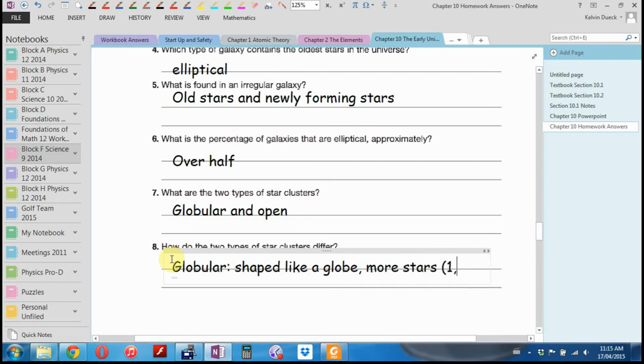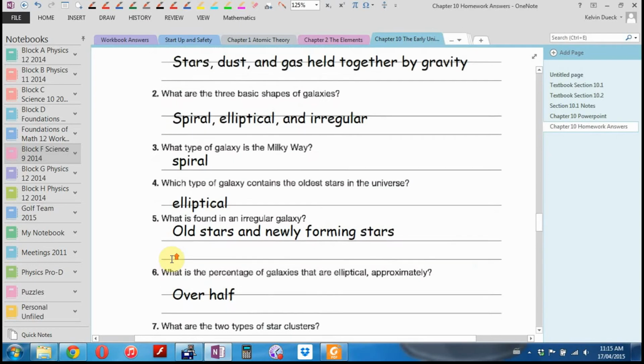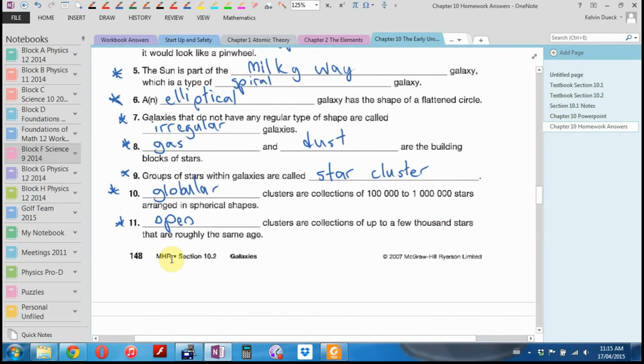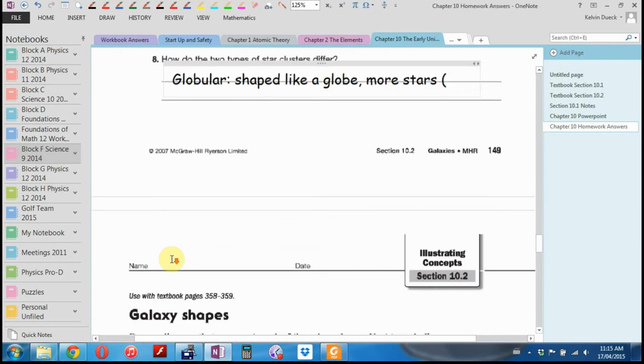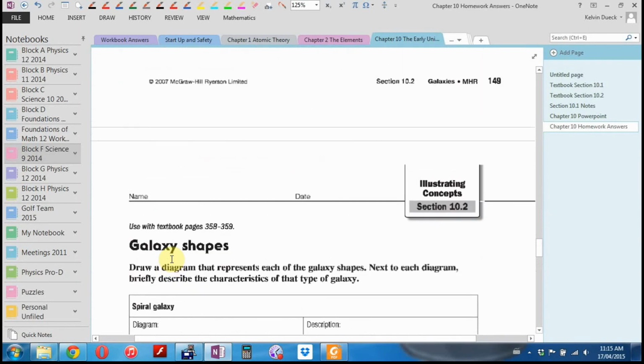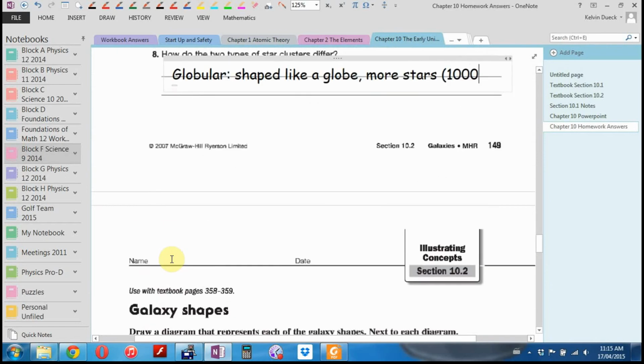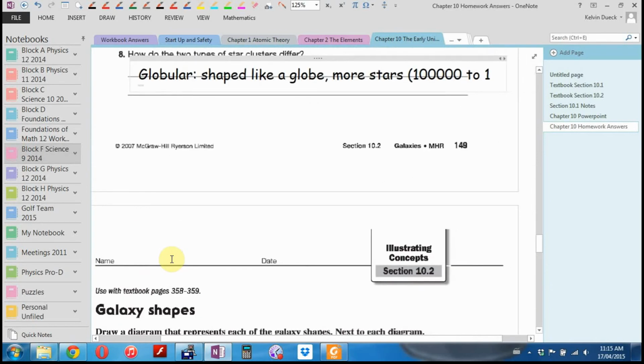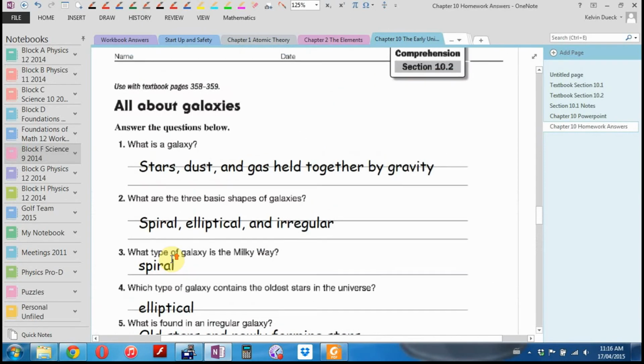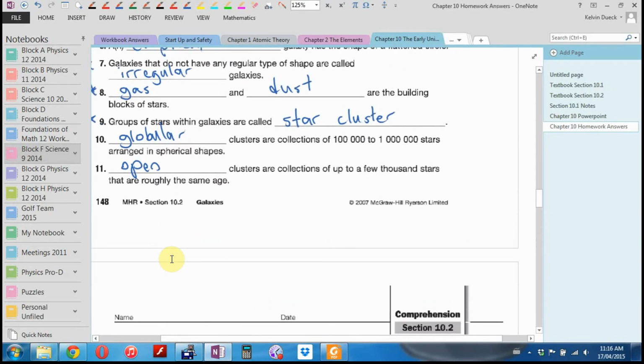What did I say in the last one here? 100,000 to 1 million stars, right? Open, around 10,000 or so stars. I think that's what I said. Few thousand stars.